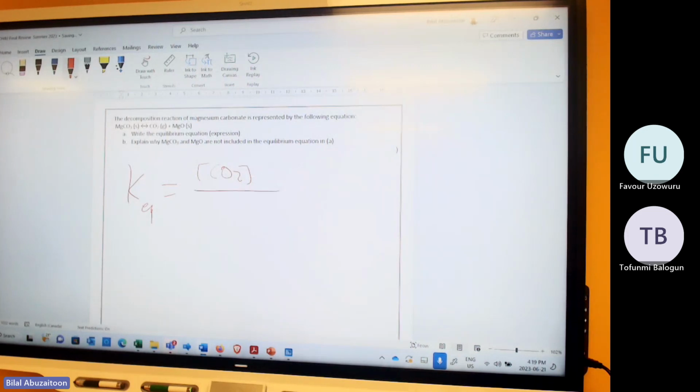So you can't write the solids, ignore those. It's the only one. Read B. Explain why MgCO3 and MgO are not included. Because they are solids and their concentrations are constant, included in the value of K. We ignore them, just write that you ignore them because they are solids. Okay, that's it.